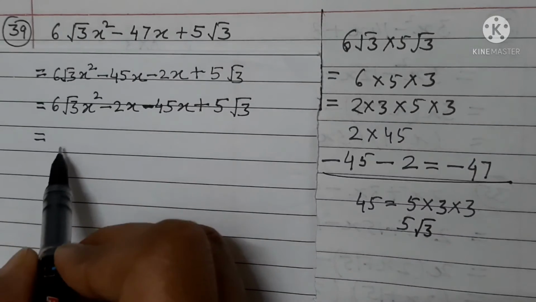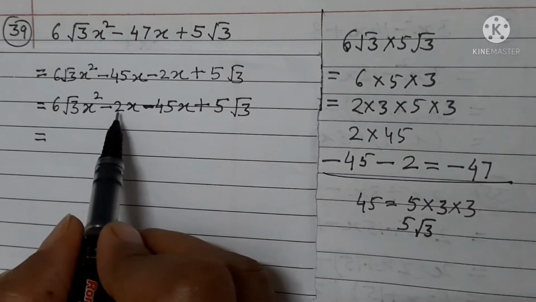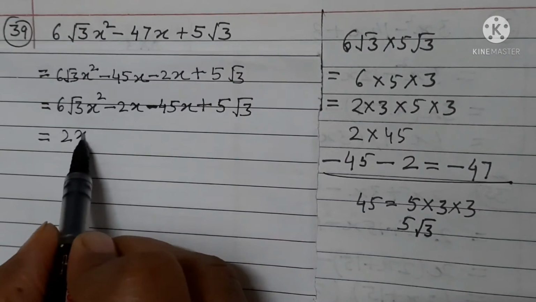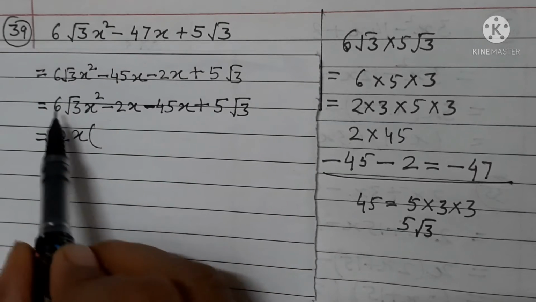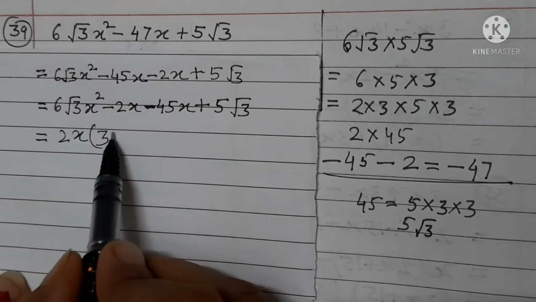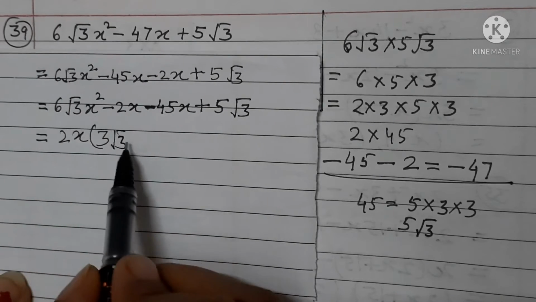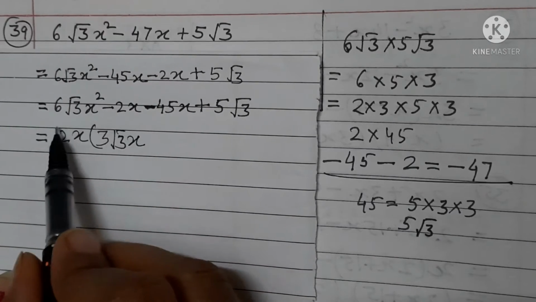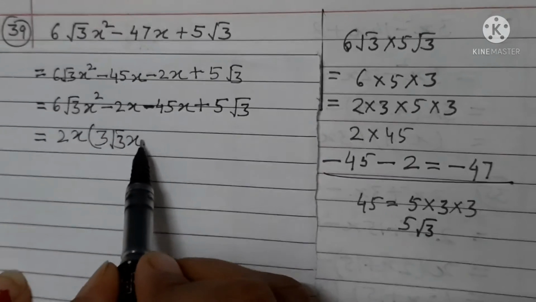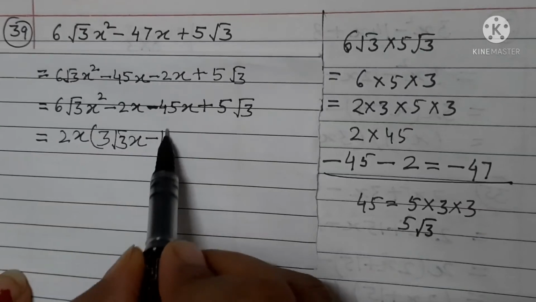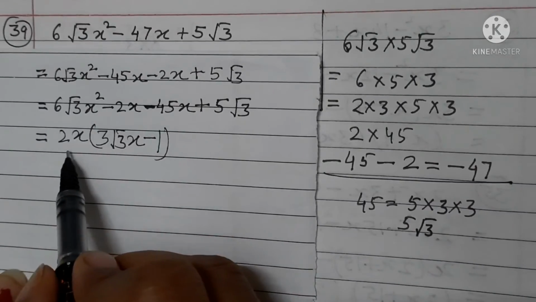Here 2x common, and in the bracket 2 3s are 3 and this root 3, x common and only one x in the bracket. So minus 1, because we have taken 2x common.